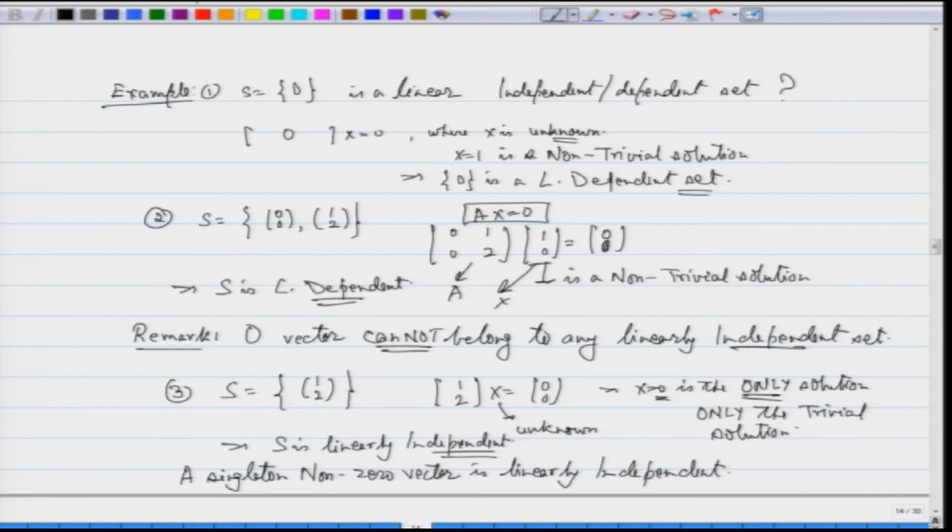Fine. Some more examples. Fourth, now we would like to look at the role of the scalars.